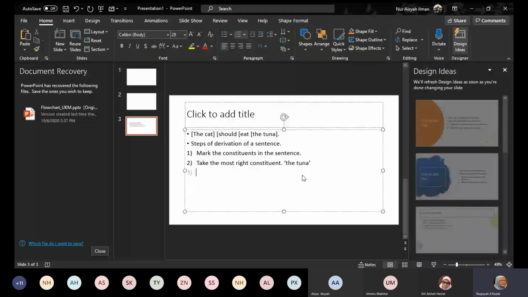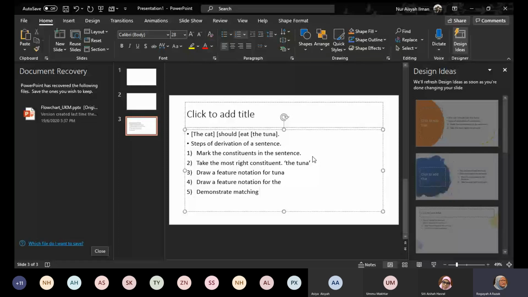And then draw a feature notation for tuna. And then draw a feature notation for the. Okay, and then demonstrate match, like arrows.